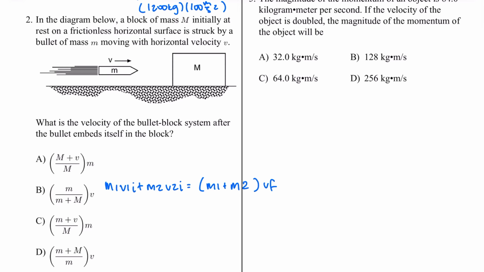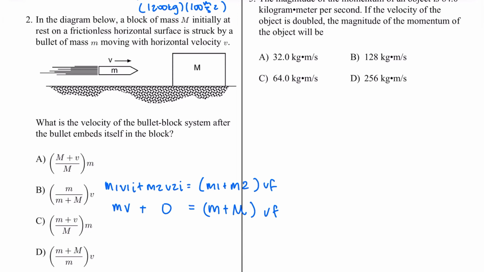I'm going to say that m1 is the bullet and m2 is the block. So we can write this as lowercase m times velocity, and the block, uppercase M, is initially at rest, which means that its momentum is going to be 0. So we could just do plus 0. And this is all equal to lowercase m plus uppercase M times vf.